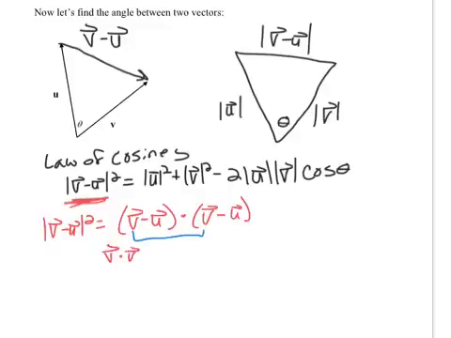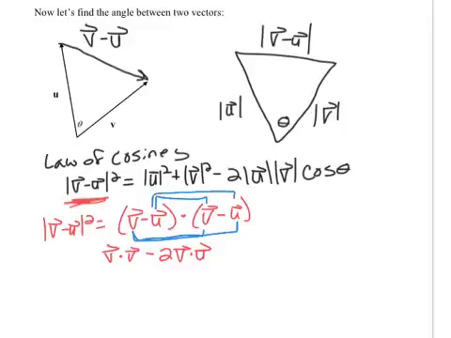and then I have minus v dot u and another minus v dot u, so that's minus 2 v dot u, and then I finally have the last term, which is u and u.